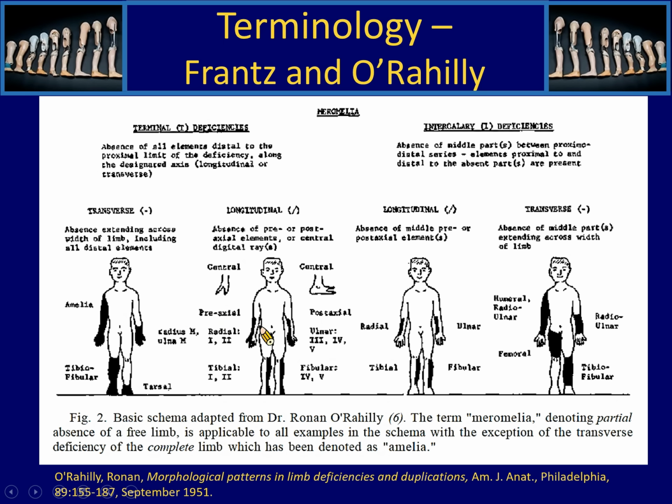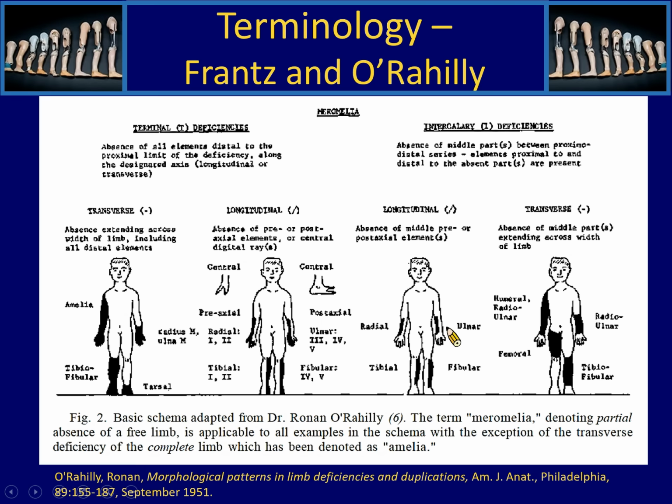This one is the preaxial and axial. So you can see if the lost area is the right side of the upper limb involving the radial bone, we call that radial 1 and 2. If the patient has only lost his radial bone, we call that longitudinal radial.